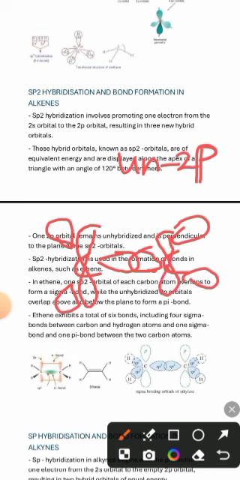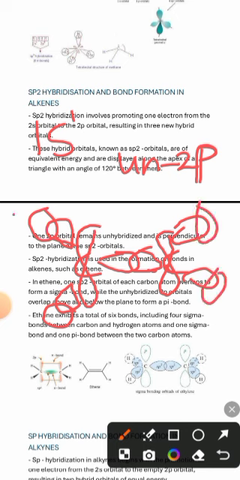And we're told that ethene forms its molecule with hydrogen atoms, and the hydrogen atom has an s orbital, one s, which has a spherical shape around it.